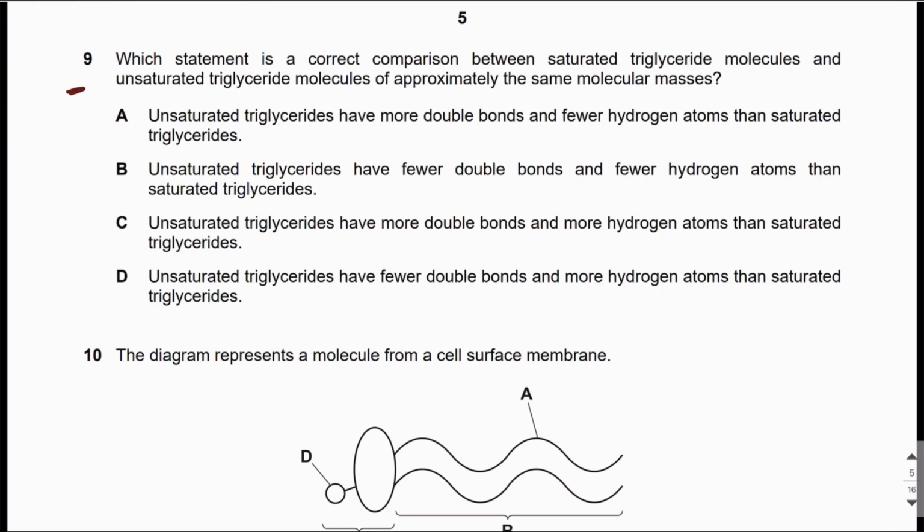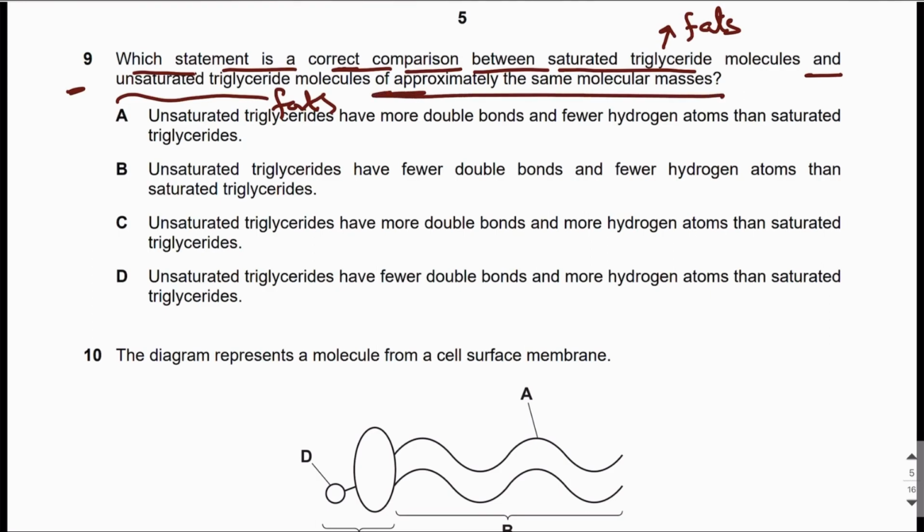Which statement is a correct comparison between saturated triglycerides and unsaturated triglycerides? Triglycerides are fats, guys. So which statement is a correct comparison between saturated triglyceride molecules or saturated fats and unsaturated triglyceride molecules or unsaturated fats of approximately the same molecular masses?